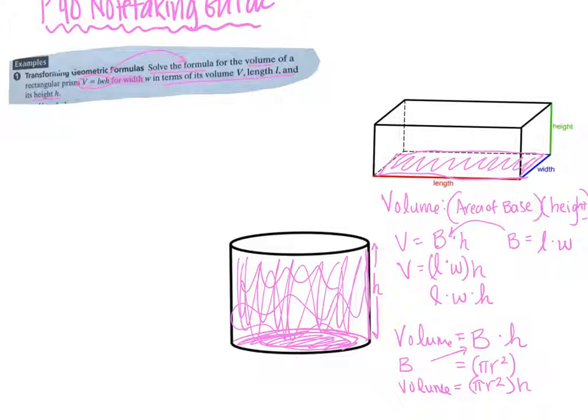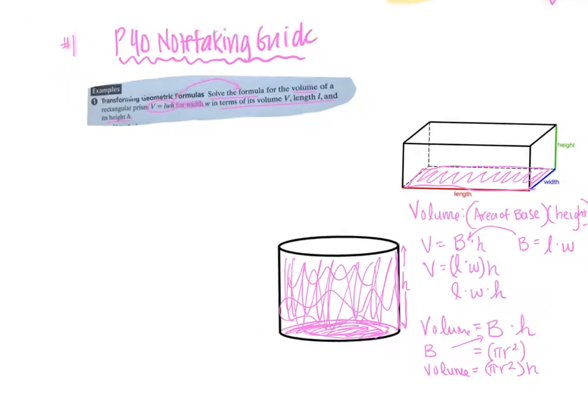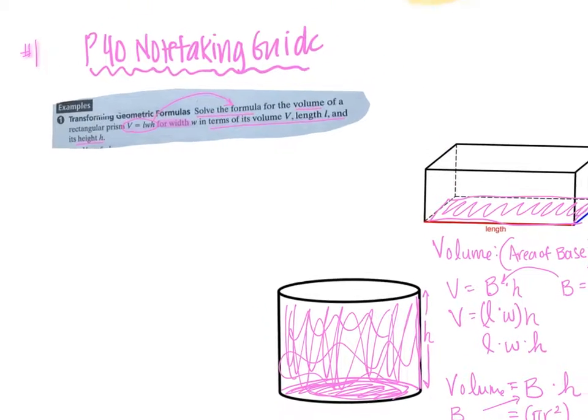Okay, so now that that little mini geometry lesson is done, let's come back over here to my problem. This problem is asking me to solve the formula. All right, my formula is the volume of a rectangular prism, which it gave me here as length times width times height. And it asks me to solve it for width.